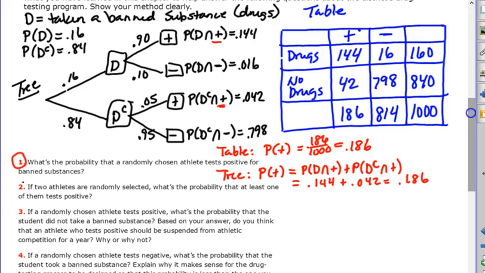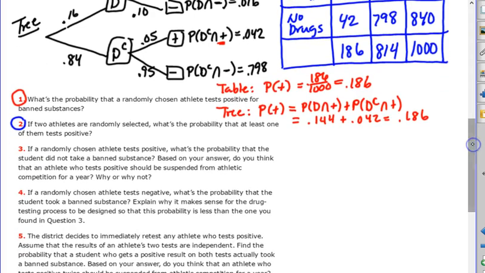Okay, number 2. If 2 athletes are randomly selected, what's the probability that at least one of them tests positive? Okay, so we're not actually getting any new information here. We just have to think about that at least one thing. So I want to remind you that probability of at least one means the probability of 1 or 2 of 2 randomly selected people.